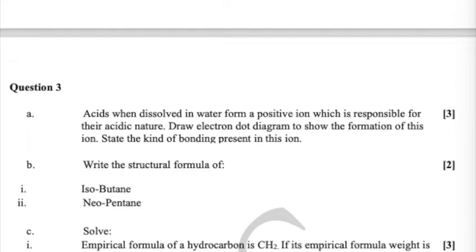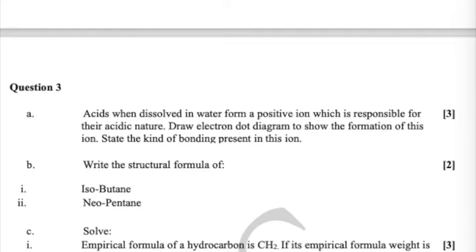Question 3: acids when dissolved in water form a positive ion which is responsible for their acidic nature. Draw an electron dot diagram to show the formation of this ion and state the kind of bonding present in it. That's the hydronium ion. You show a water molecule plus H plus, with the 2 lone pair of electrons, and then you show a hydrogen attached, and the entire thing gains a positive charge, H3O plus.